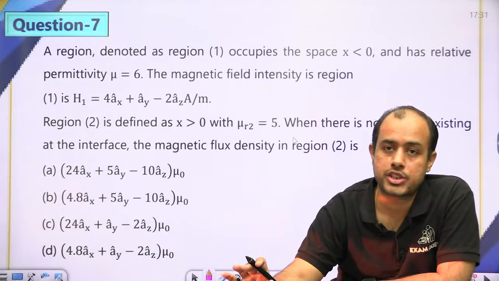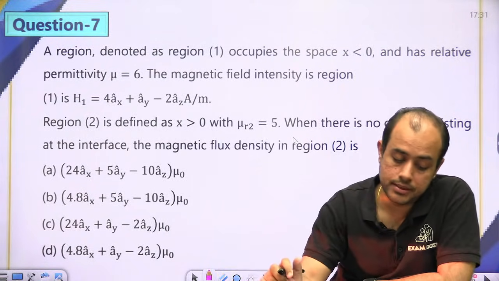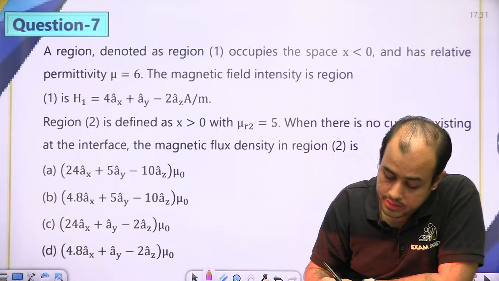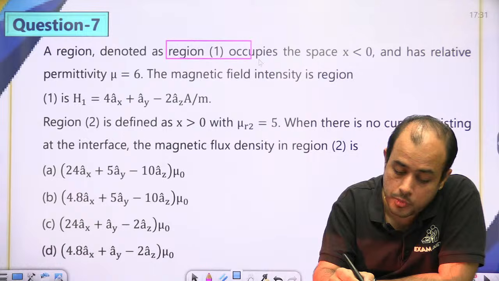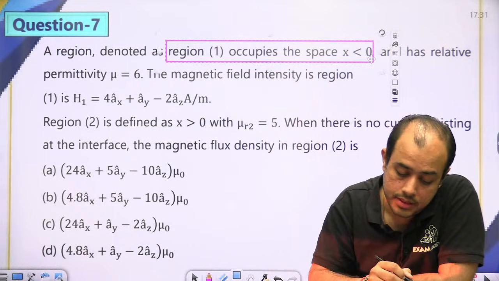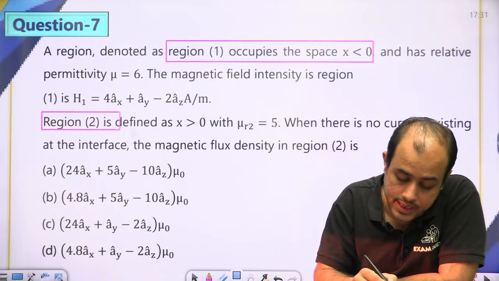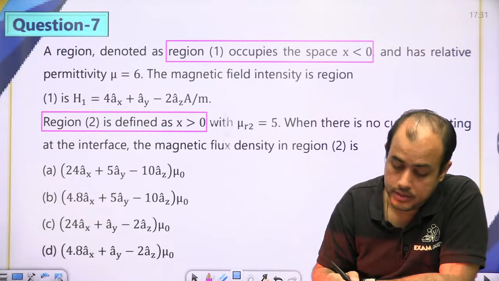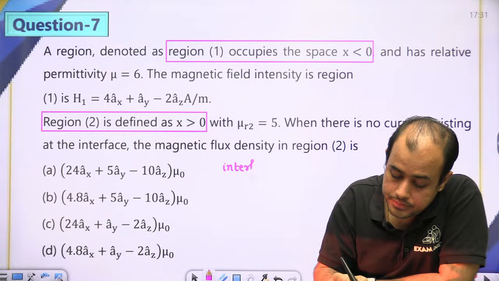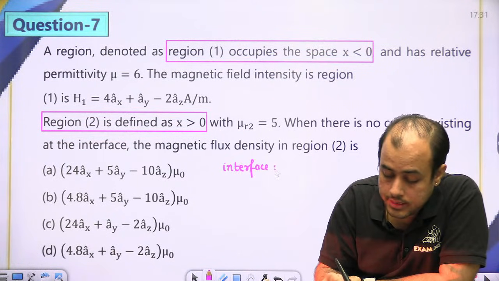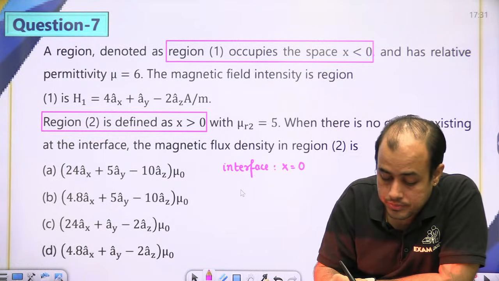अब देखो ये वाला क्वेश्चन मैं कराता हूं बाउंड्री कंडीशन का. देखो रीजन 1, अब देखना मेरे भाई, डाउट पूछ रहे थे. रीजन 1 occupies x less than 0. रीजन 2 is x greater than 0. तो इंटरफेस is x equal to 0.